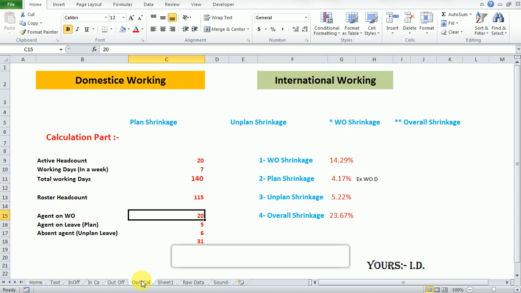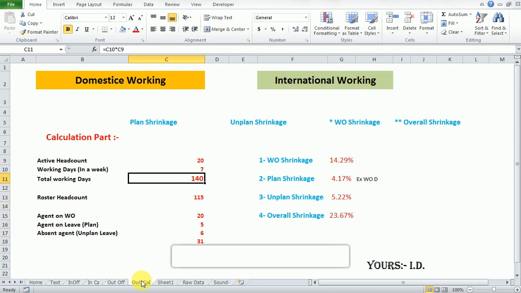If we have 20 people, we have to give every person 1 week off in a week. So we'll give 20 week offs. Except this, agents on leave: 5 people have taken leave this week, and absent agents are 6. So in total we have 31 agents who are absent.